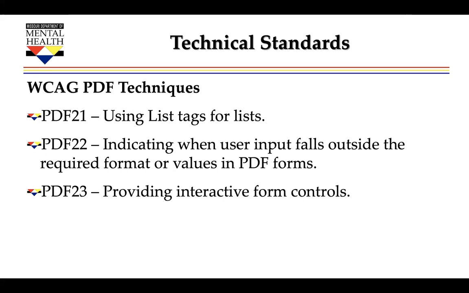And so if a date has to be in a particular format in a field, or there's some other restriction on how the information is entered, if a social security number form field has a validation that requires the digits be entered in a particular way with or without the hyphens or anything like that, the form needs to have instructions so that the user of assistive technology can know what's expected, and if they make a mistake, that they're able to identify and correct that and still be able to submit the form.